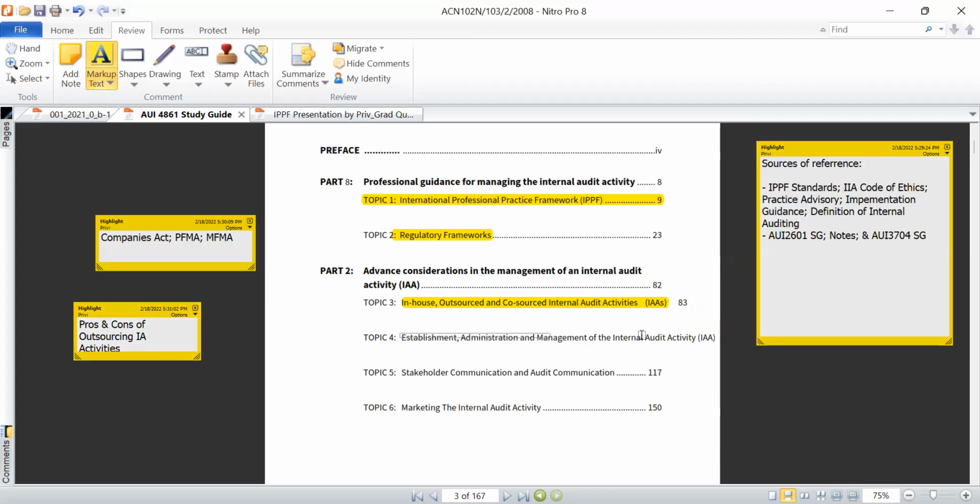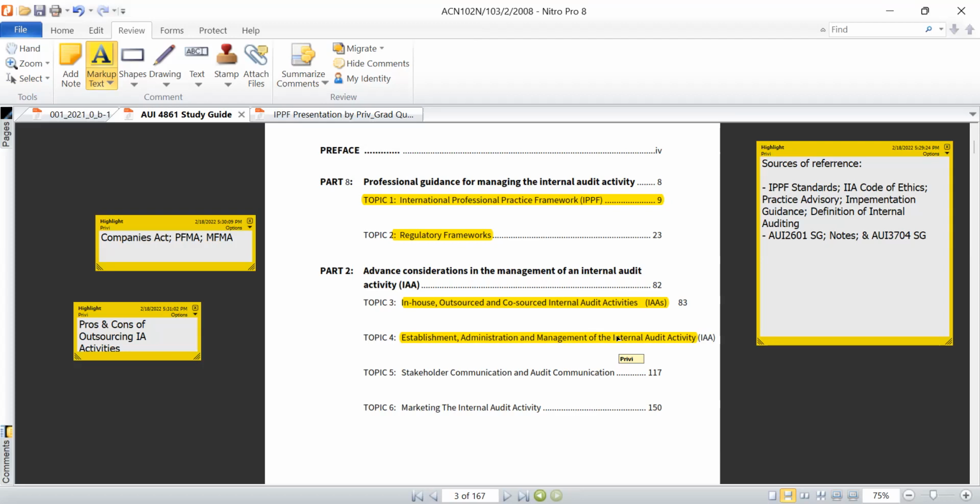Then you have topic number 4, which deals with the establishment, administration and management of the internal audit activity. This has to do with the chief audit executive, the person responsible for managing the internal audit department of the organization. What criteria does he or she have to satisfy in order to manage this department effectively?